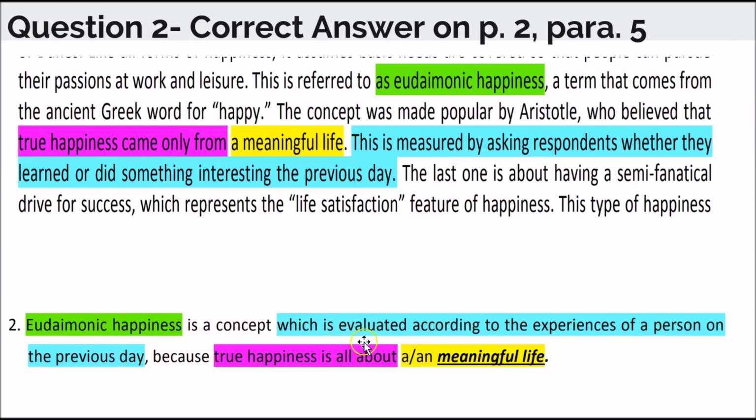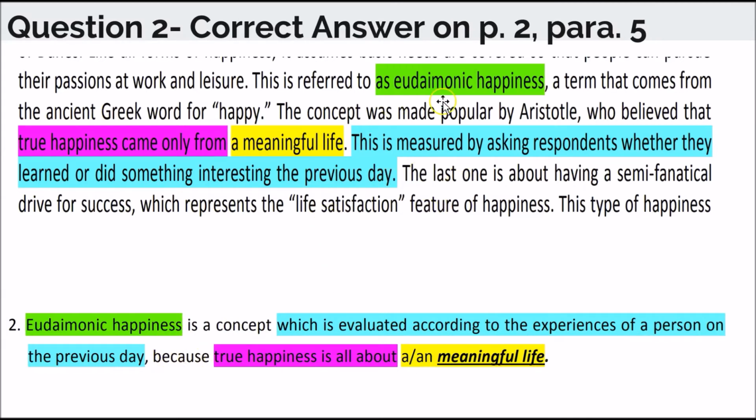So the word "evaluated" is very important here, because in the paragraph, you will see this sentence. It says, "this is measured by asking respondents whether they learned or did something interesting in the previous day." So "previous day," match. And "measure," "evaluate," match. So we found this part as well. And now what we need is this "because" part, the reason why, right?